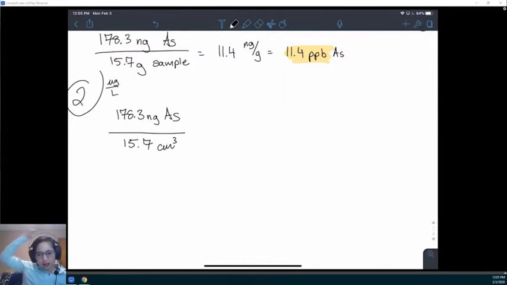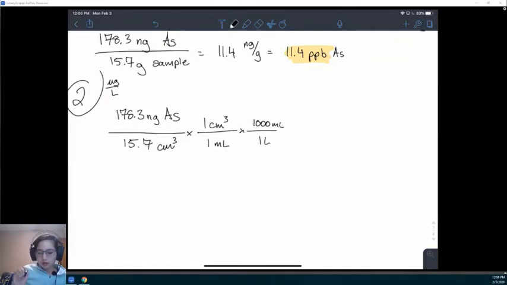So let's start with the bottom, the volume. Right now we're in centimeters cubed. I want to be in liters. So I know that 1 centimeter cubed is equal to 1 milliliter, and that 1,000 milliliters are in 1 liter.